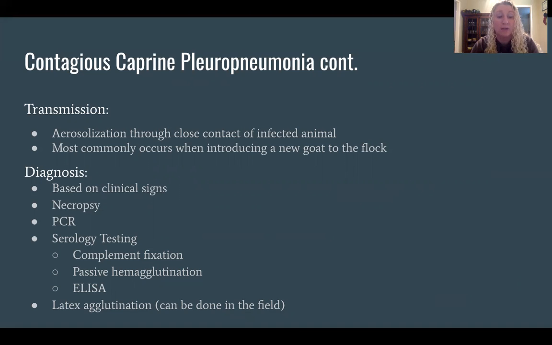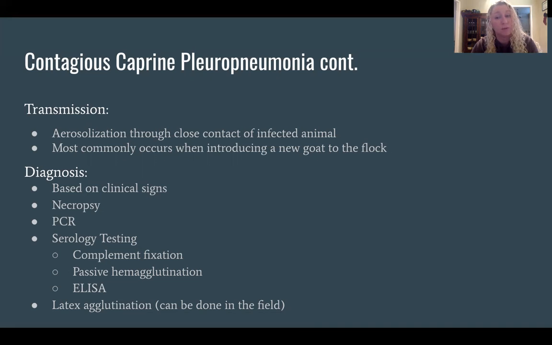You also have your serology testing, so your complement fixation, your passive hemagglutination, and your ELISA. ELISA is typically what you think of with some of your other serology testing. Also, you can do a latex agglutination in the field.